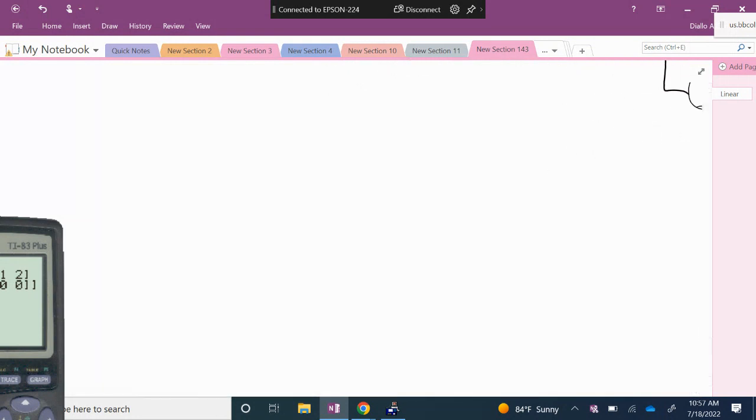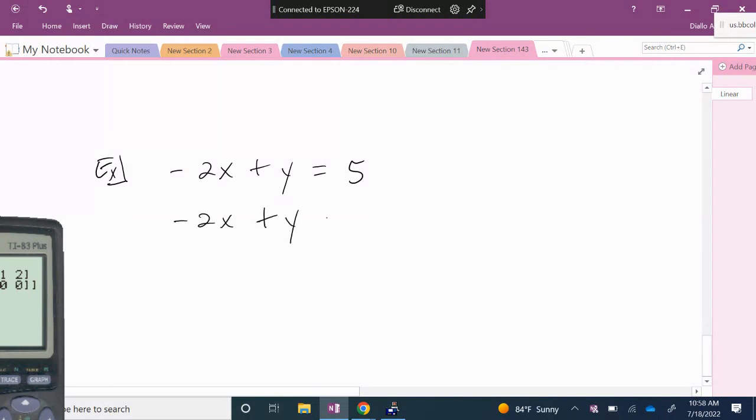Okay, so let's take a look at this example. Negative 2x plus y is equal to 5, and negative 2x plus y is equal to negative 3. Okay, and we're going to solve this system.